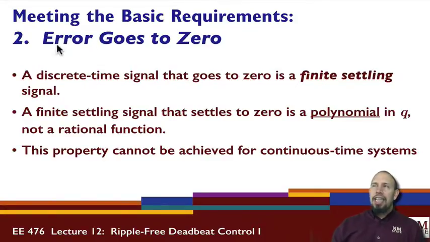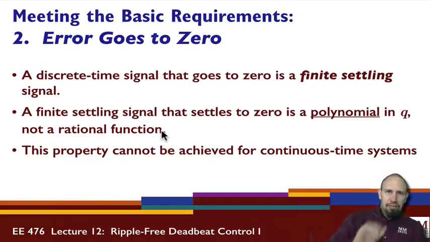Second condition is the error goes to 0 in a finite number of steps. So remember that a discrete time signal that goes to 0 in a finite number of steps is called a finite settling signal. And when we looked at the properties of the Q transform, that was an important property that we looked at, finite settling. So a finite settling signal in the Q domain basically is a polynomial in Q, not a rational function, not a numerator over denominator, it's just the numerator.